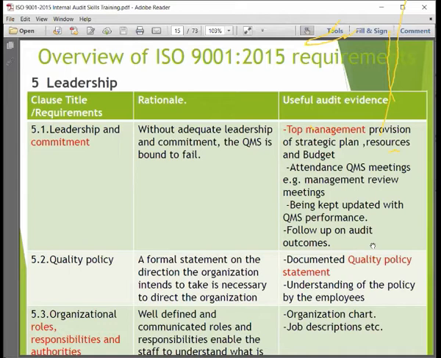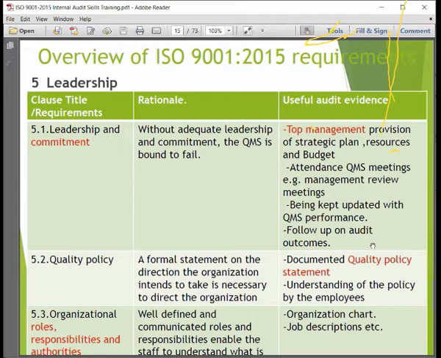If the top is not in support, any project will struggle, leave alone ISO 9001. You come up with something you want to introduce in the company, maybe a new IT system, and if the top are not committed, it may fail because they won't provide resources. So we need useful evidence to know whether management are committed or not.